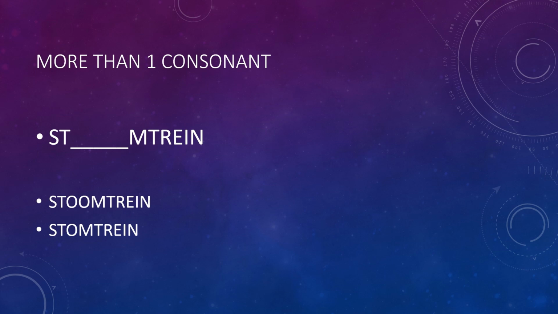And based on this, we are going to decide to write our vowel once or twice. So in case of a short pronunciation, we would have stomtrein, which doesn't make any sense, but it's just a word used for the purpose of explaining this example. Or when we write it double, stoomtrein, which would mean steam train. So it's also very important here to check how many vowels we need to write based on if it's a long or a short vowel.